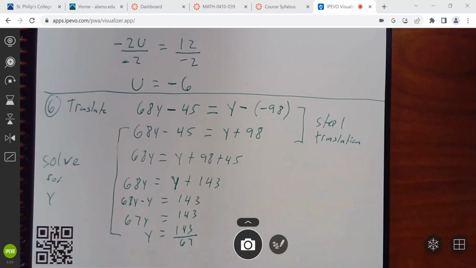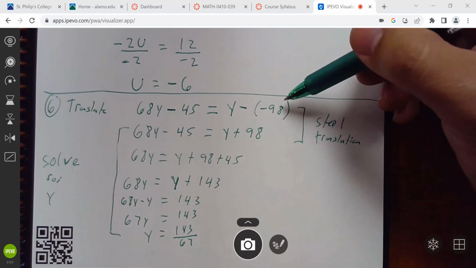Oh, we can check. It's not. I got confused with the 98. Okay. Oh, like how it's set up? Yeah. Translation.